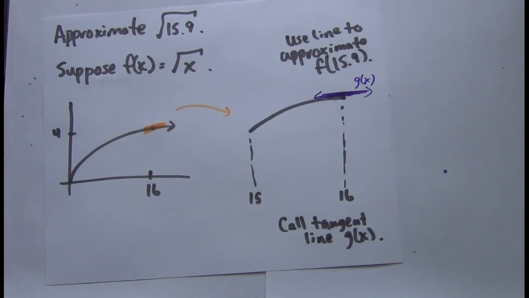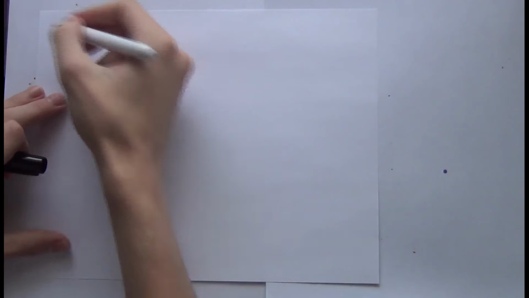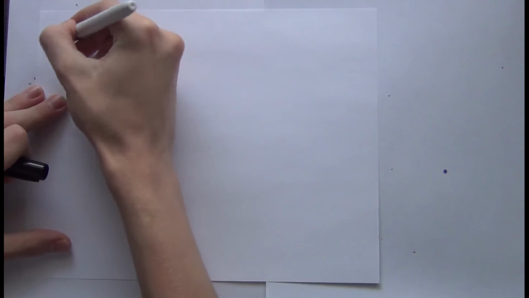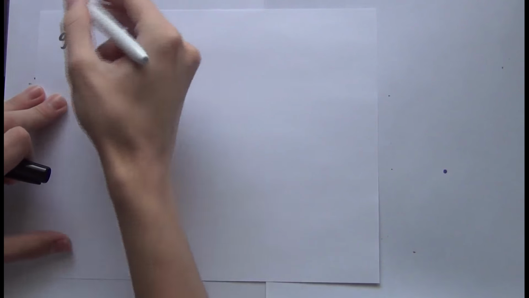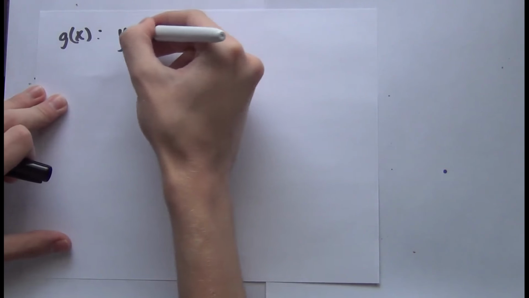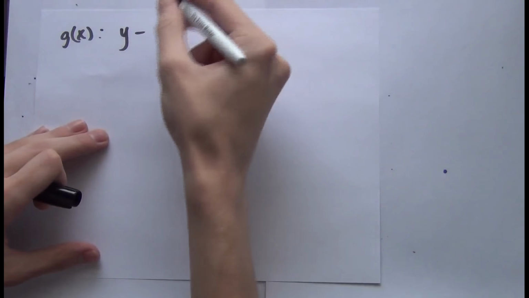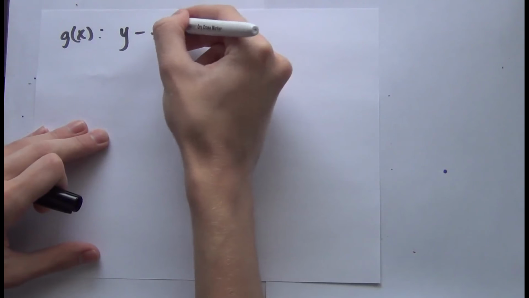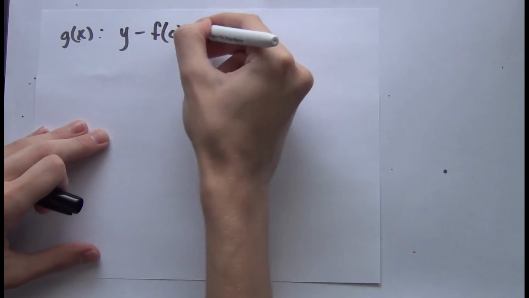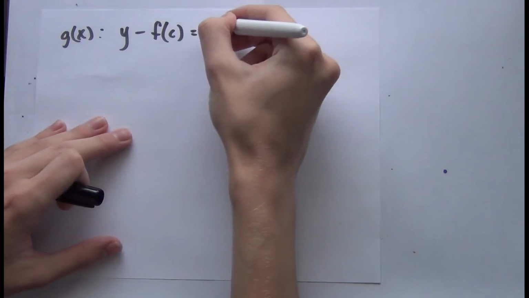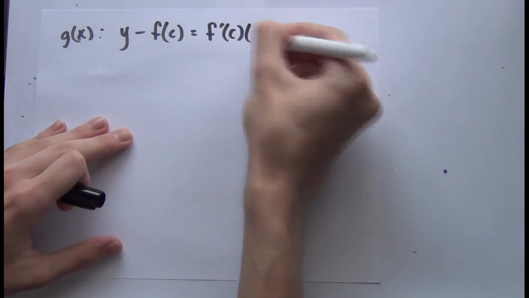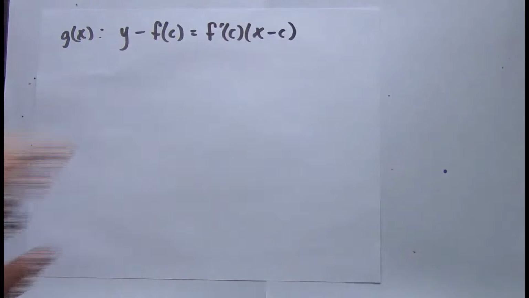So if I went ahead and did that, what I would find is that this tangent line g of x is going to be y minus my function value at c, f of c, equals my derivative, f prime of c, times x minus c.